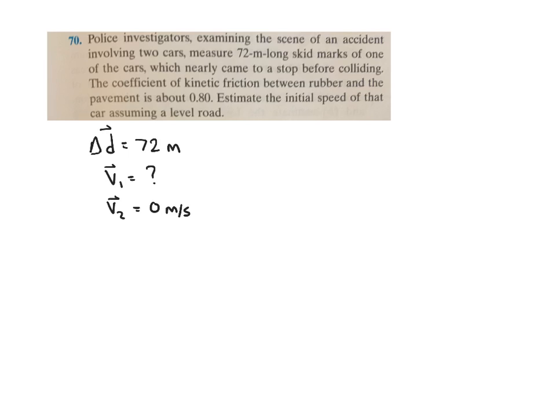All right, they tell us the coefficient of kinetic friction, 0.80. All right, so when you look at this, you may think, okay, I'm going to have to use some Unit 1 stuff here. Okay, you got some V1s, V2s, and displacements.